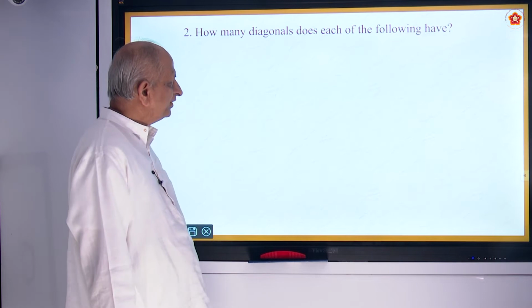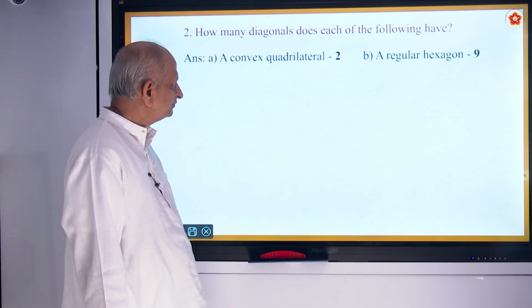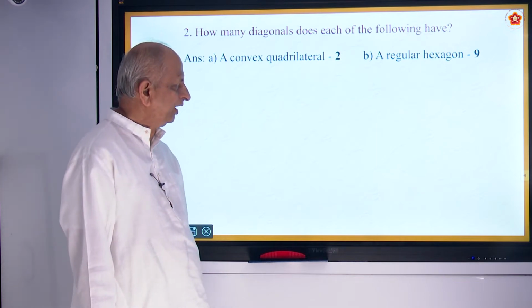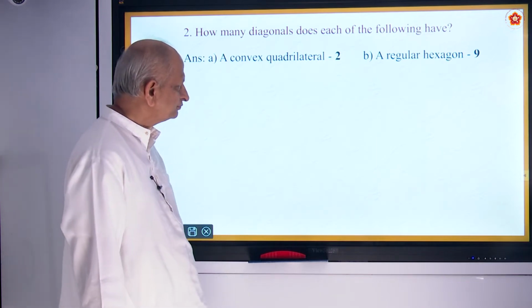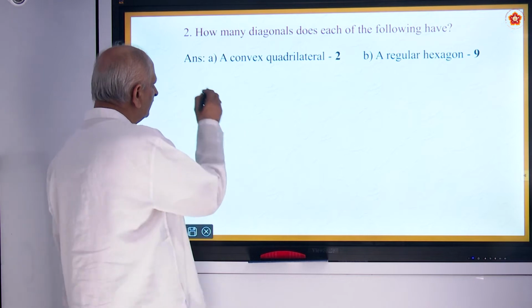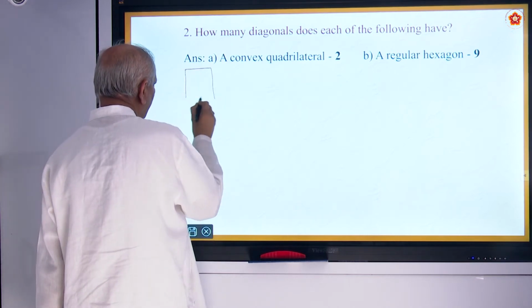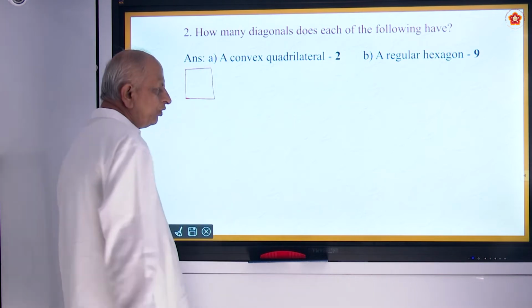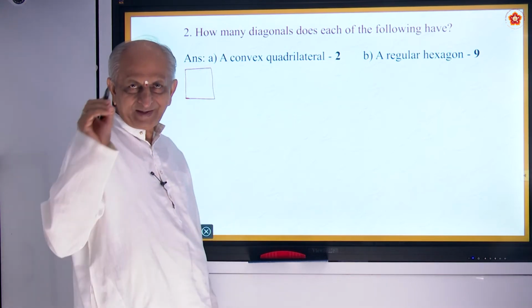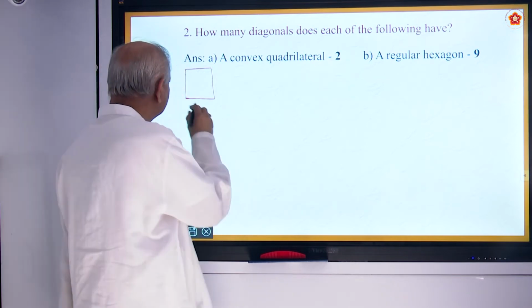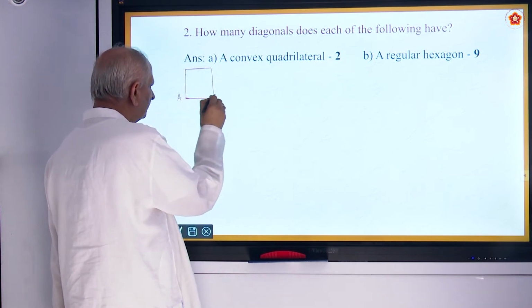How many diagonals does each of the following have? A convex quadrilateral will have 2 diagonals. For example, a square is a convex quadrilateral. What is a diagonal? A diagonal is a line segment joining the opposite vertices. Can I name the diagonals here?